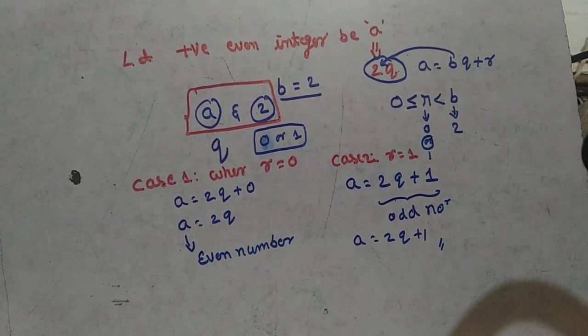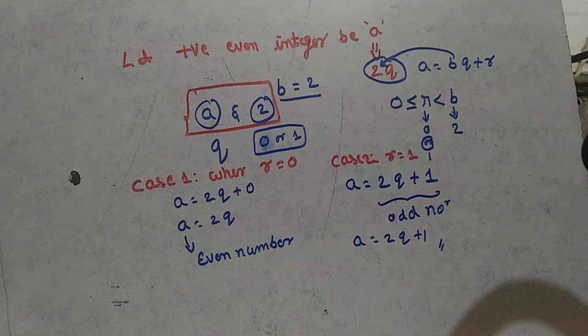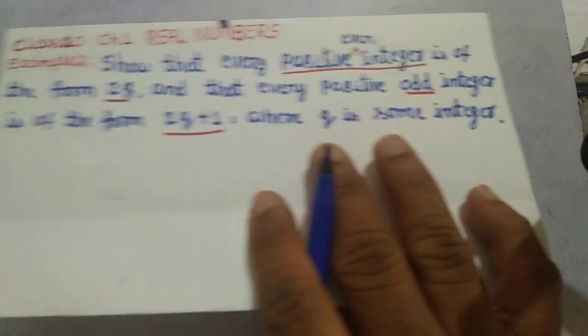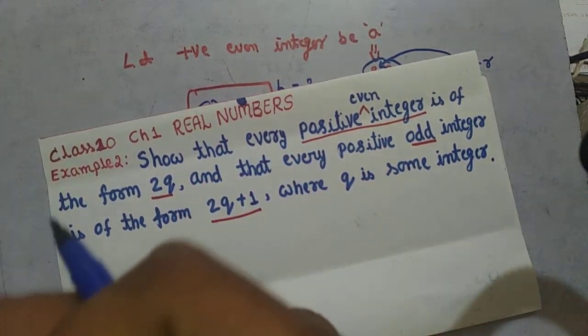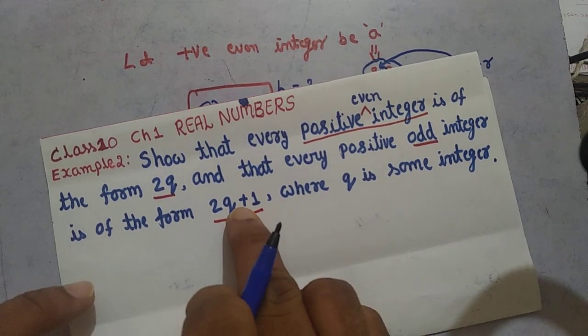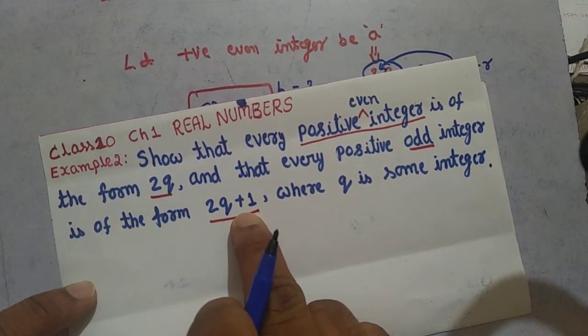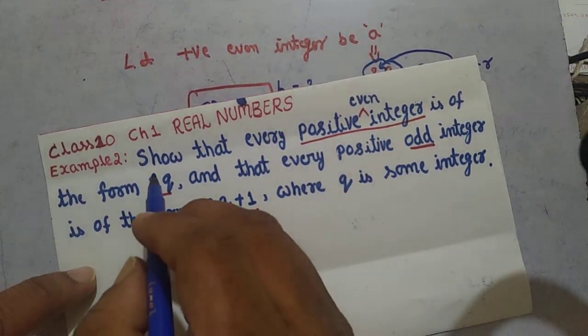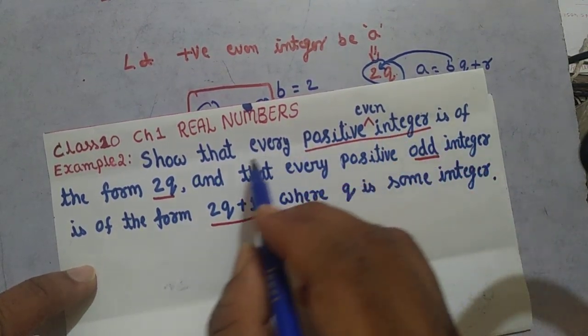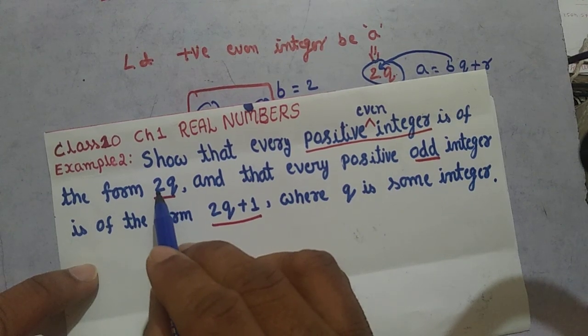That's it. Okay guys, I hope you understood this concept. So whatever it may be, for questions like this, to show any positive even or odd integers in the form of some algebraic expression, we need to take this number as b and this as a, and remainders will be less than this 2.